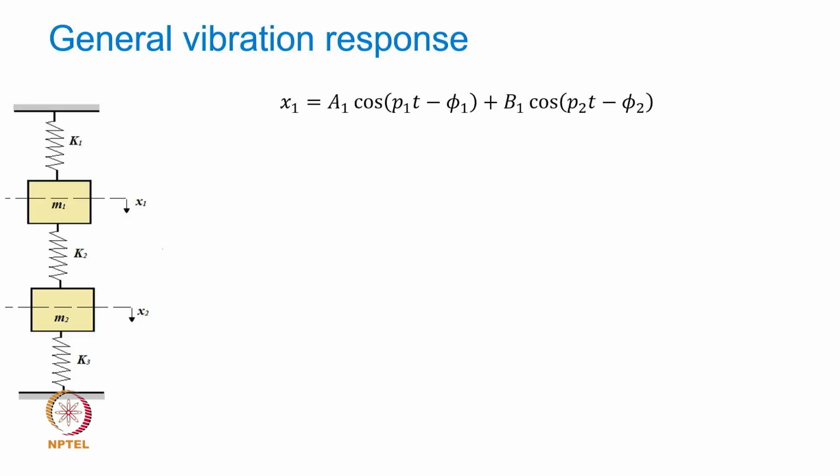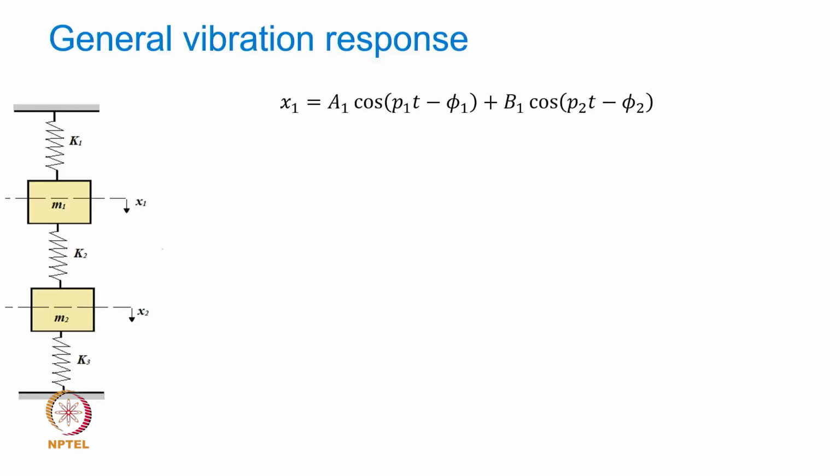Okay, so the response of this 2 degree of freedom system to any arbitrary initial conditions has been discussed: it is going to be a contribution from both the modes, and hence we wrote a general solution to be A1 cos(P1 t minus phi 1), which essentially is accounting for the contribution from the first mode having the natural frequency P1, and also the contribution from the second mode.